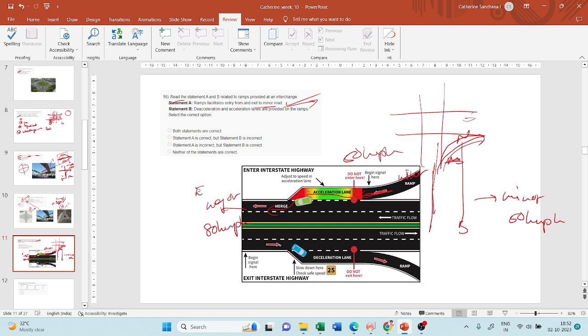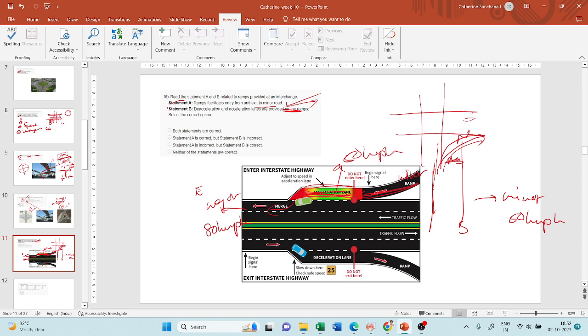Even in this figure, the acceleration lane is provided at a constant level and it is not part of the ramp. It should not be provided on the ramp, but after the ramp ends, along with the major road, extended from the major road.